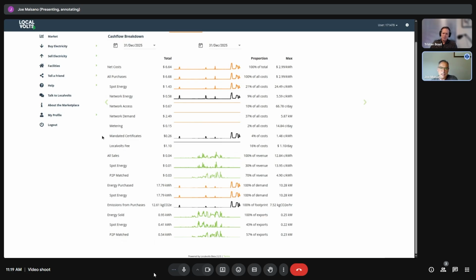Mandated certificates. That's a collection of costs. There's various certificates that as a retailer, we have to purchase for all of our customers, usually based on their electricity usage, their total consumption, and this includes an amount for large-scale certificates and also small-scale certificates, which are under the renewable energy target.